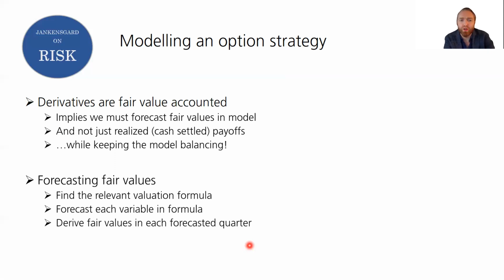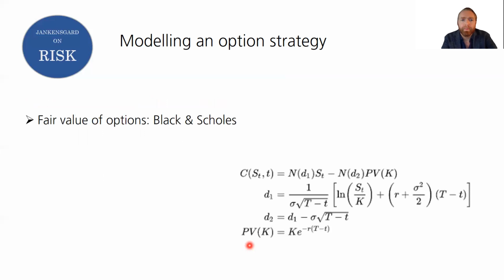So in each forecasted quarter, we're going to derive a fair value given the forecasted variables in that quarter, and just feed that into the formula and have the formula process that and deliver an estimated fair value. So we're going to use the classic Black-Scholes here. There are others out there that could suit your purposes better, but let's keep it as simple as we can here and use something that we've seen before.